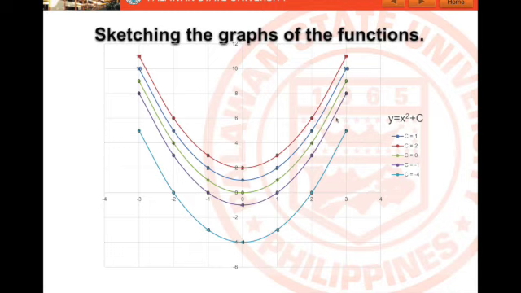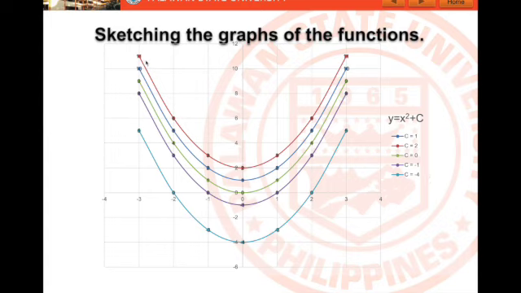This would be in this curve, which is where c is equal to negative 1. The lowermost curve is c equals negative 4. You can use any value of c, say from 0 to 100 or whatsoever.